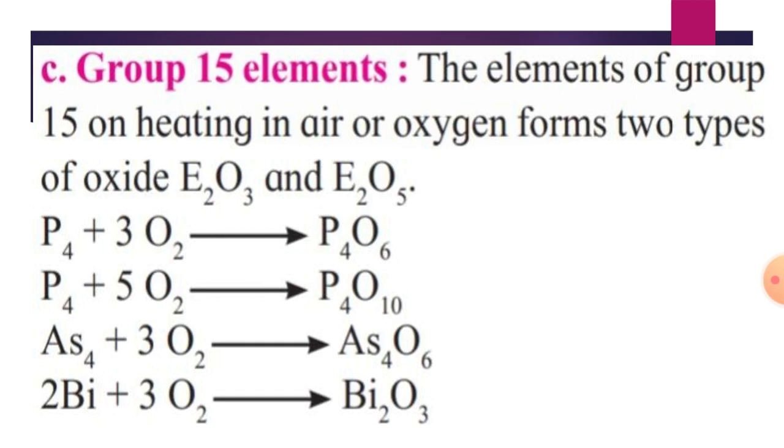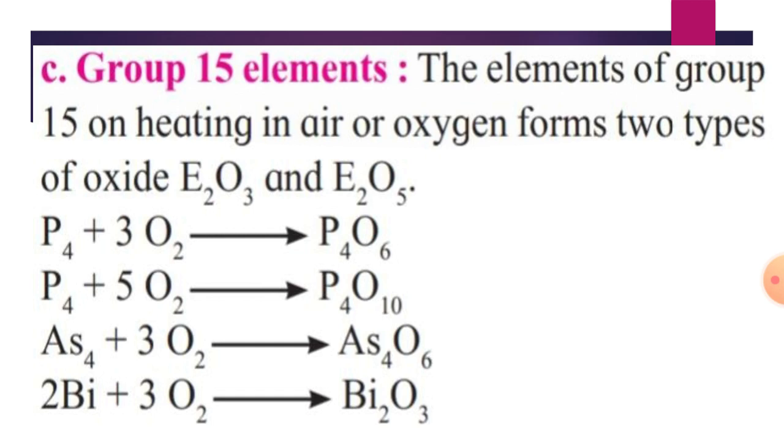So it is in the form of E2O3. Why? Because 4 and 6, when divided by 2, become 2 2s are 4, 2 3s are 6. So it gets converted into the form of E2O3. Fine student. So P4 plus 3O2 gets converted into P4O6 in the form of oxide E2O3.